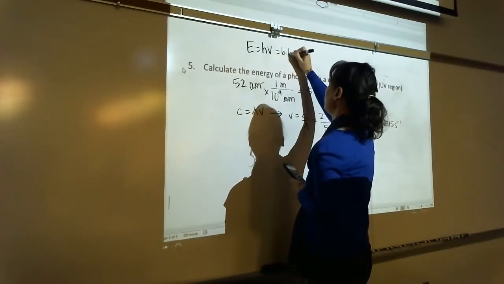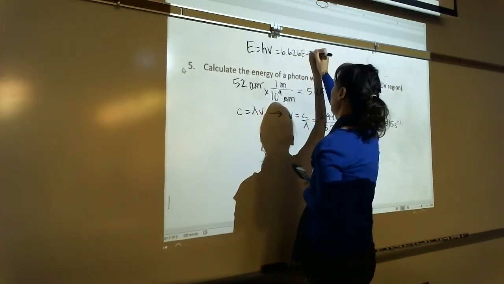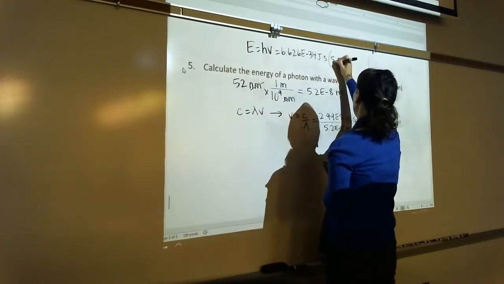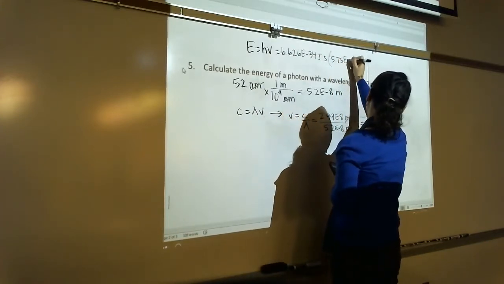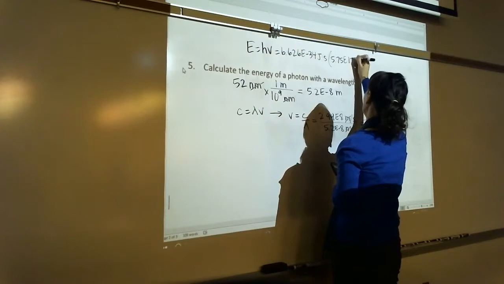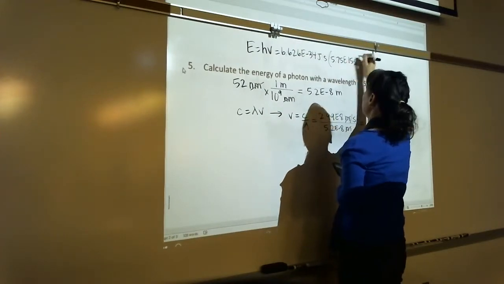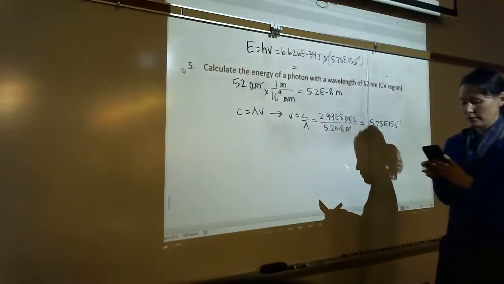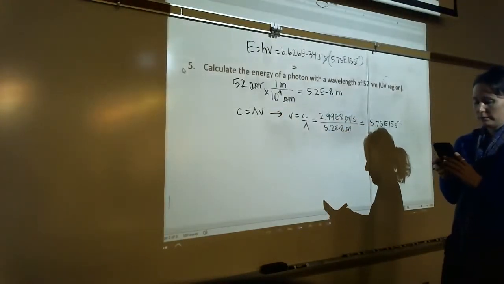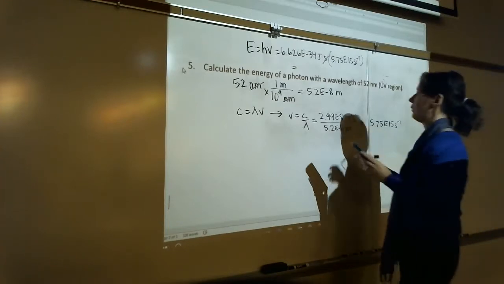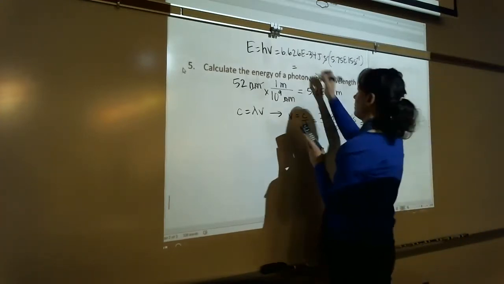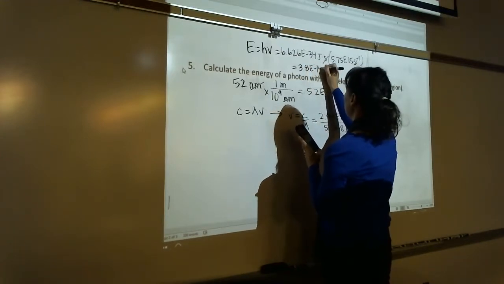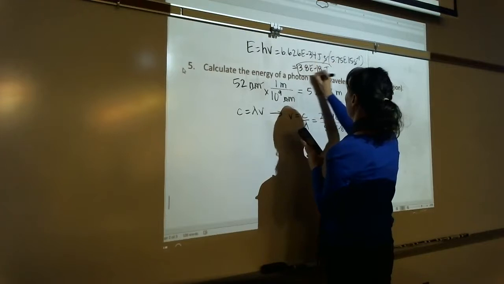So 6.626 times 10 to the negative 34th joule seconds times 5.75 times 10 to the positive 15th seconds inverse. So multiply that by Planck's constant. And we've got two sig figs we're keeping. So 3.8 times 10 to the negative 18 joules is what I got.